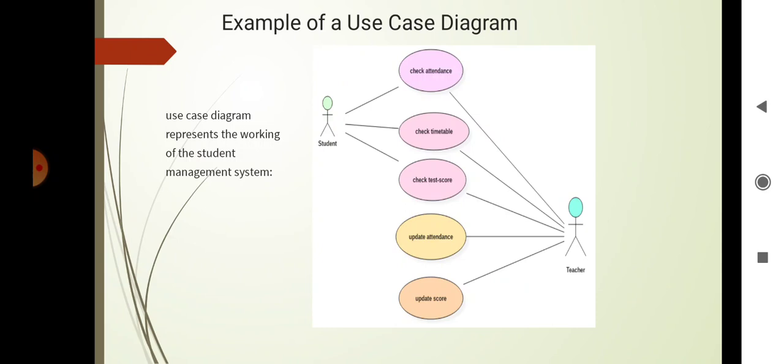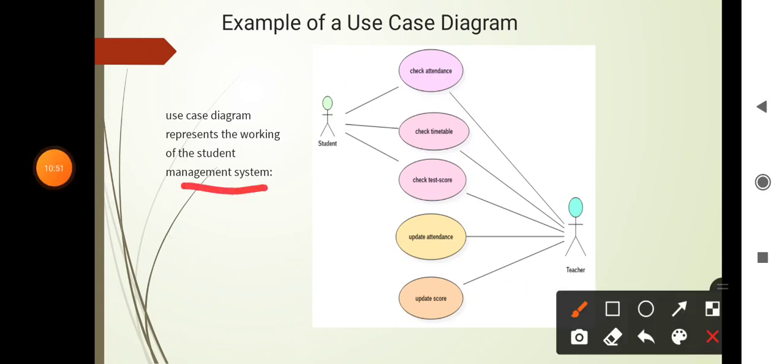Here the use case diagram represents a student management system. Suppose this is a student management system. One actor is the student and another actor is the teacher. Here are the use cases: check attendance, check timetable, check test score, update attendance, and update score.